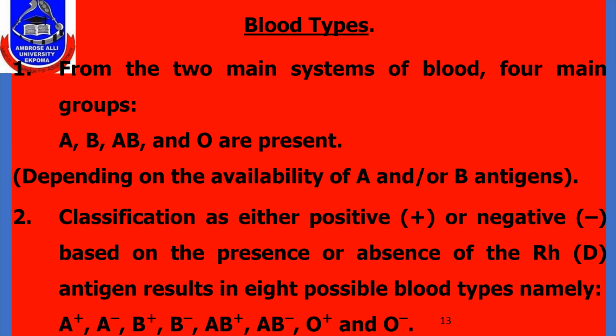That is A, B, AB, and O. Classification of either positive or negative blood is based on the presence or absence of the Rhesus factor D. So, like I told you earlier, you may be A positive, A negative, B positive, B negative, and so on and so forth, even O positive or O negative.